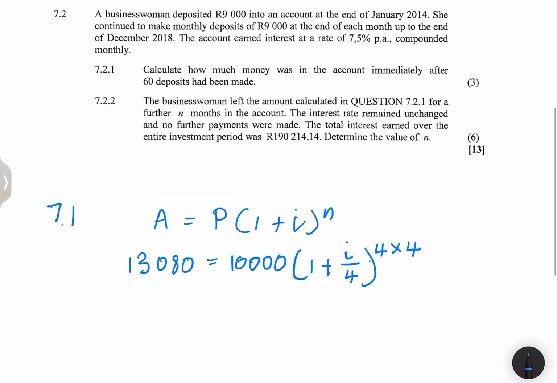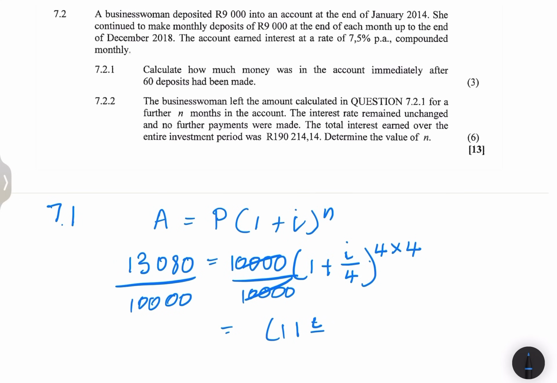All right, now we're going to try and solve for this. Of course, we're going to first of all divide both sides by 10,000. So in this case, I am left with 1 plus i over 4, to the exponent of 16.